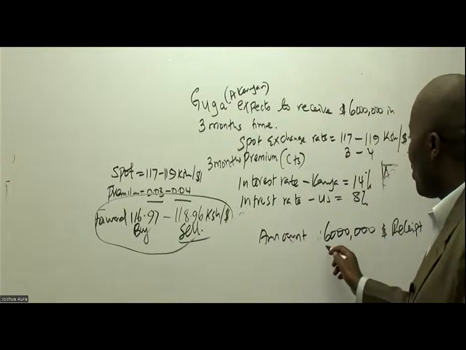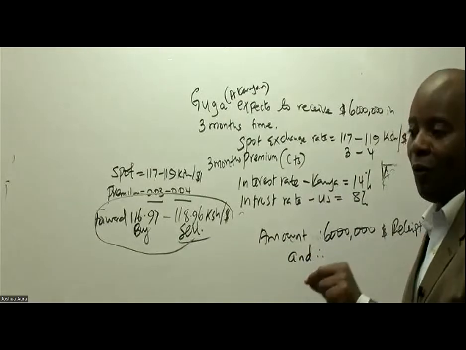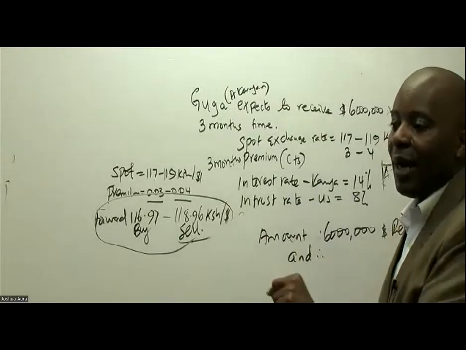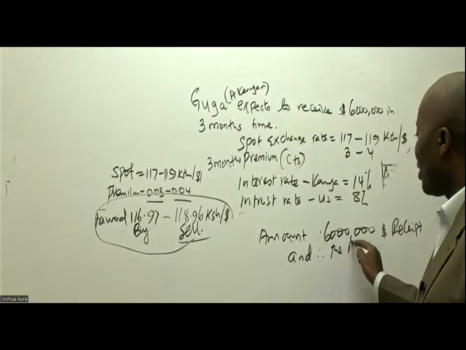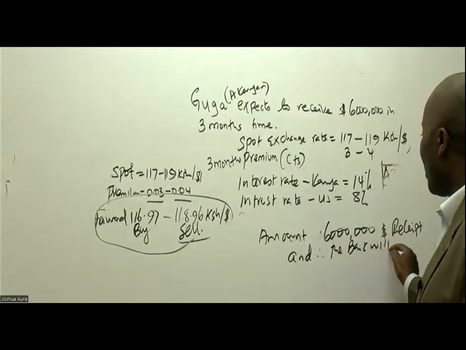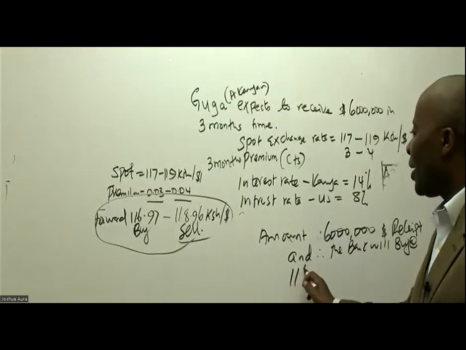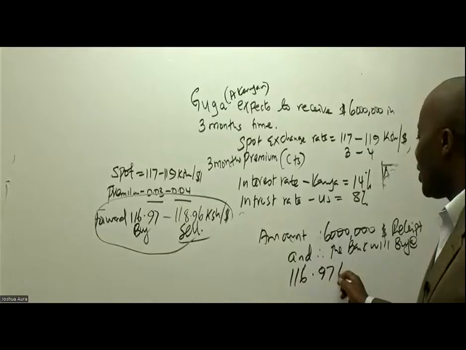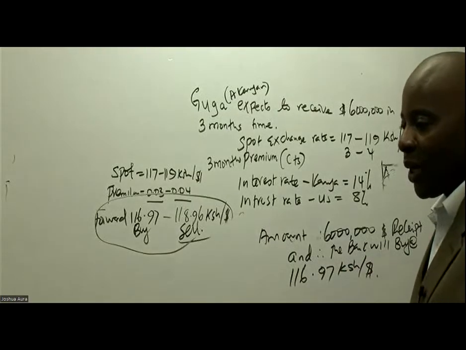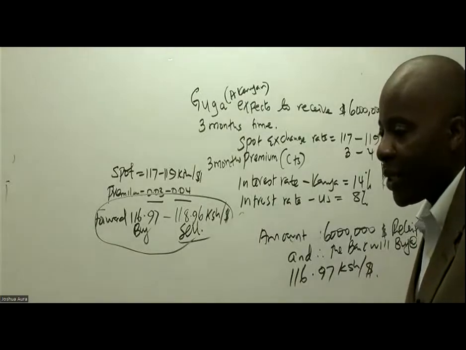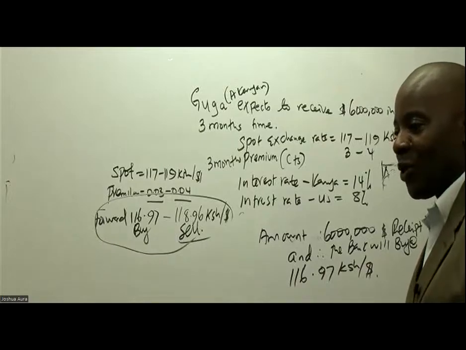And therefore, we know that if it's a receipt, the bank will buy at 116.97 Kenya shillings per dollar.